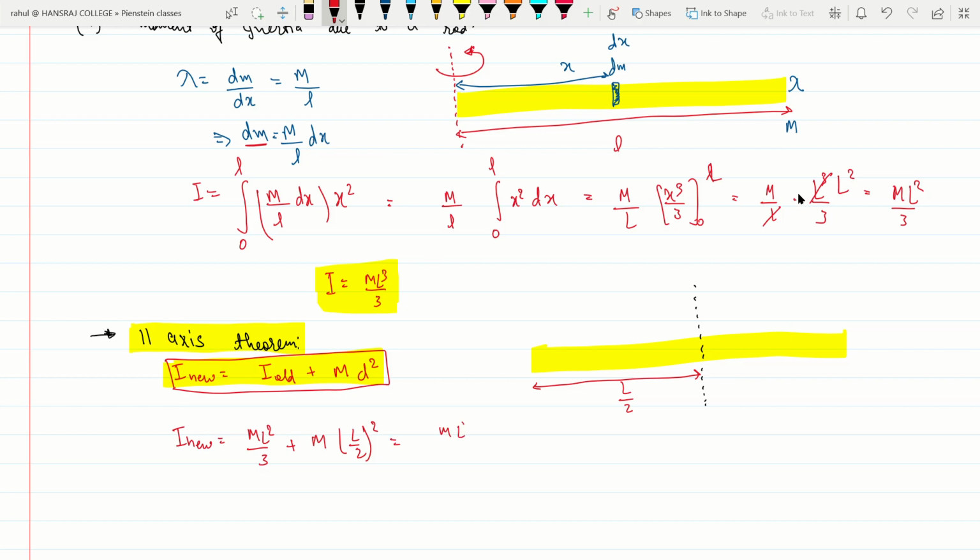This will become ml square upon 3 plus ml square upon 4. If we further simplify it, it will become ml square upon 12. So the moment of inertia about the middle axis will become ml square upon 12.